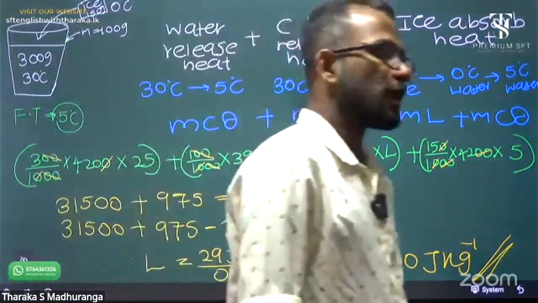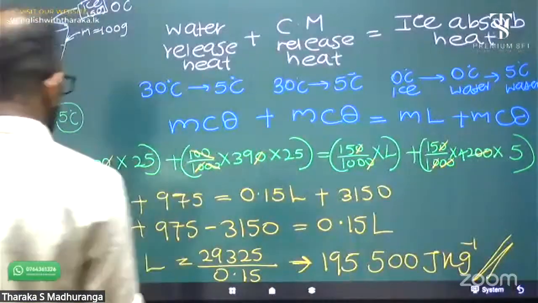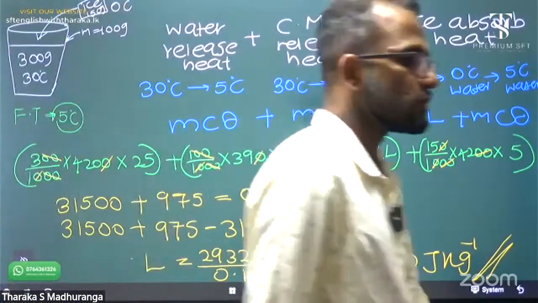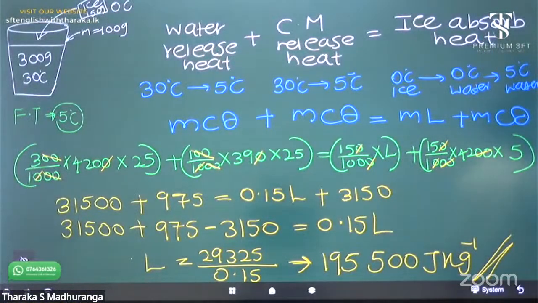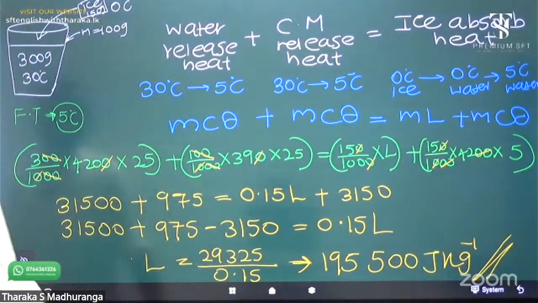So 195,000 J kg minus 1. Okay, any doubt? Any doubt? Okay, go to the tute.